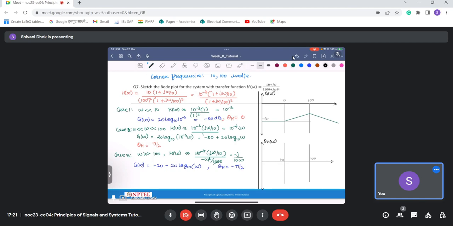Okay, this is ω, this is also ω. Now initially we have an angle 0. After that we have an angle of π/2. So this is π/2 and this is −π/2.